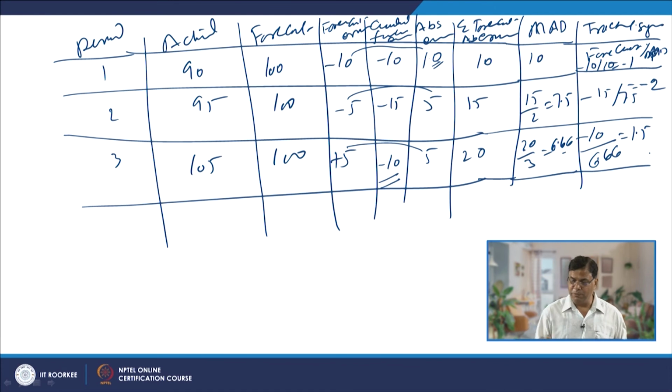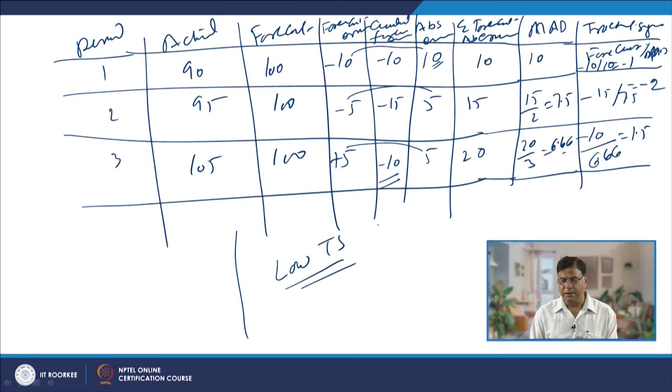So, this is how we get the tracking signal. As I have said, the lower the value of the tracking signal, the better it is considered, because the actual demand will be close to the forecast.